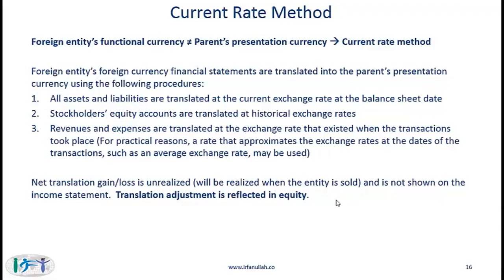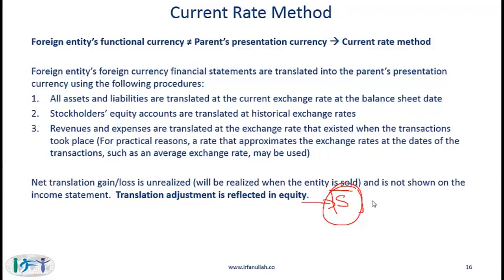The reason is that you are the parent and you have invested in this foreign subsidiary. The foreign subsidiary is operating in its own currency. Remember here, the functional currency is different from the presentation currency of the parent.